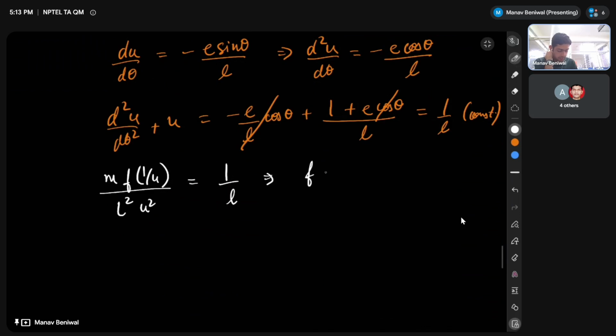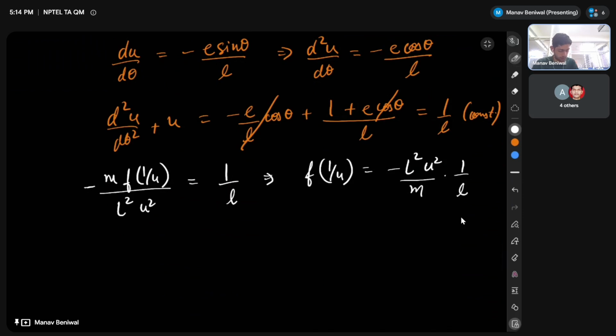which implies that I can write my f of 1 over u as minus L squared u squared over m into 1 over L, right?